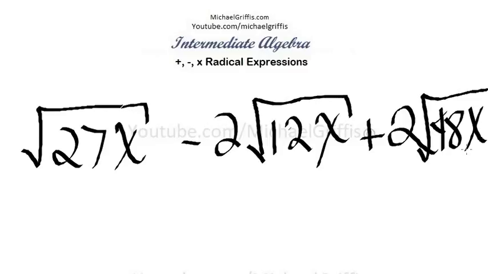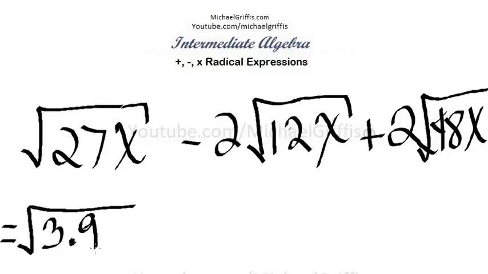And we want to simplify this. So what I'm going to do is take a look at it first. Take a close look. All right, let's just start breaking it up here. So this 27x, we can rewrite this as 3 times 9x.